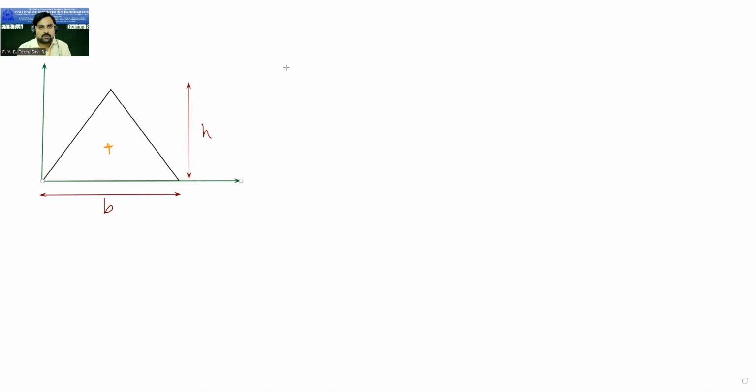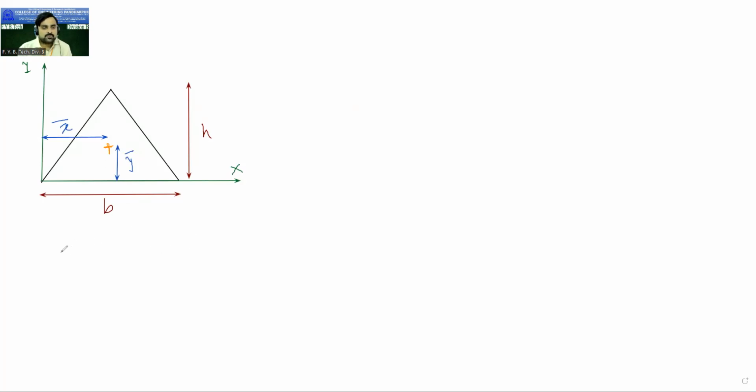Ensure that your figure is in the first quadrant, so your x and y are both positive. If you measure the horizontal distance of the centroid from the y-axis, we call it x bar. And the vertical distance of the centroid from the x-axis is called y bar.